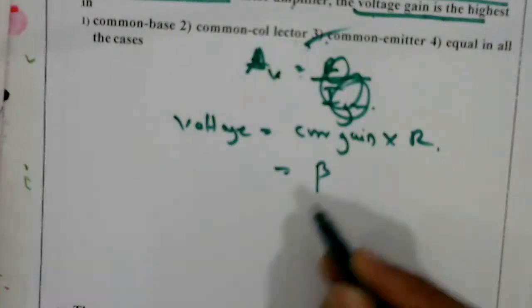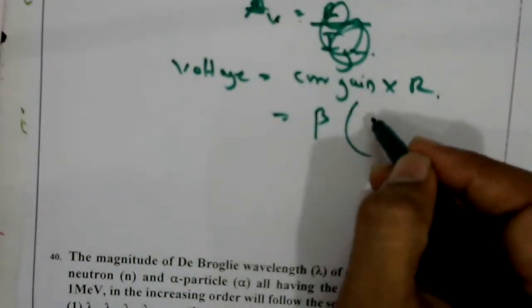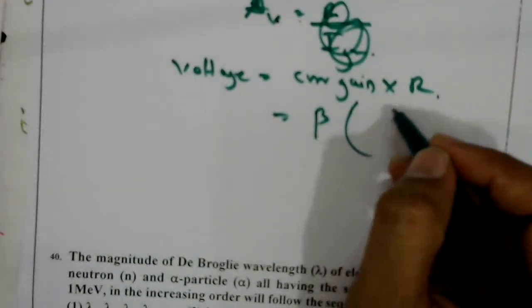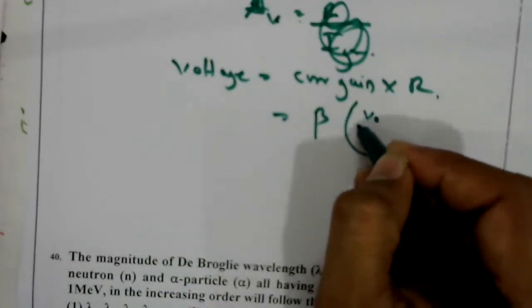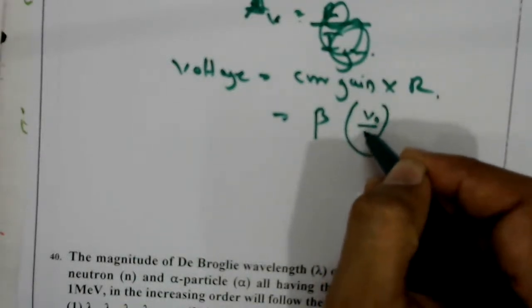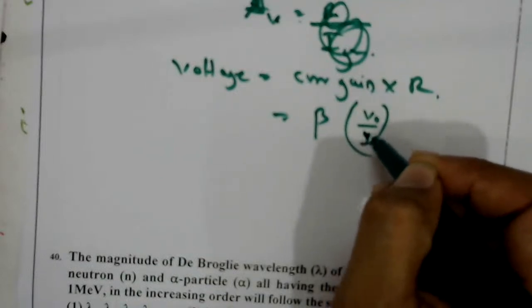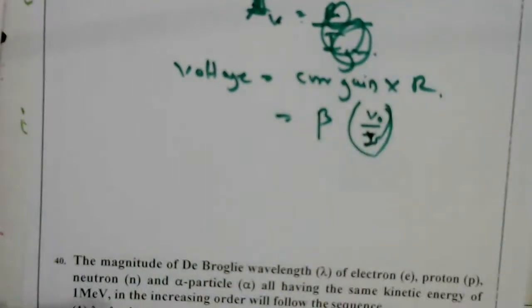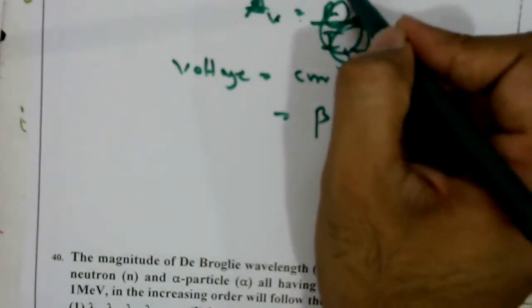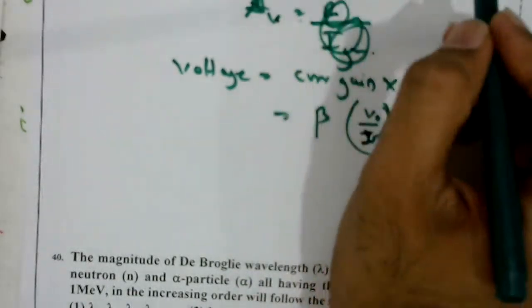Current gain is beta. Resistance can be written as V output divided by V in, so V by I. So in case of emitter, voltage gain will be higher.